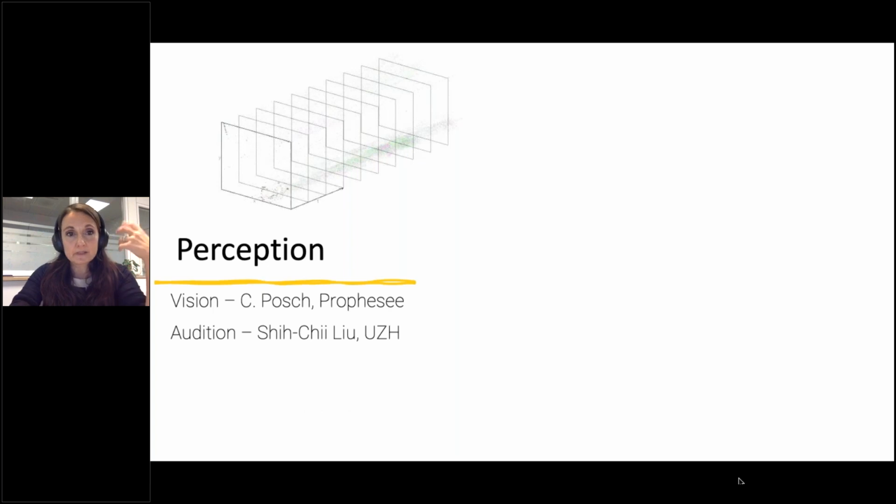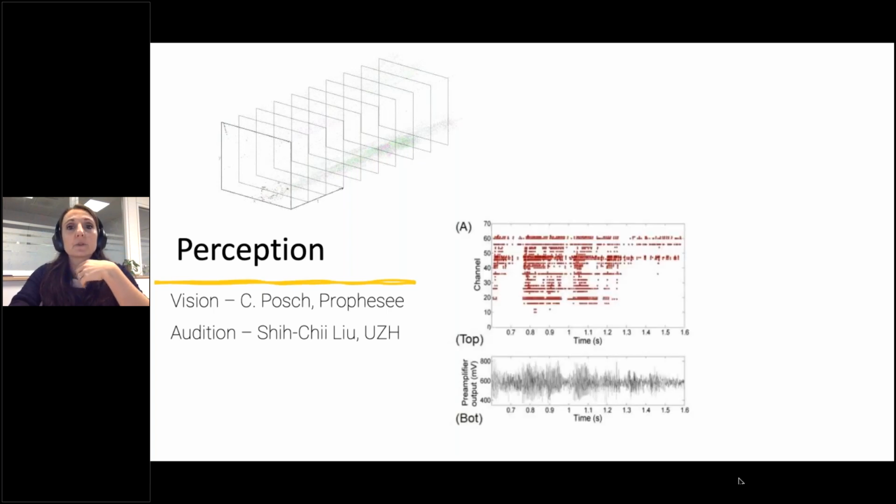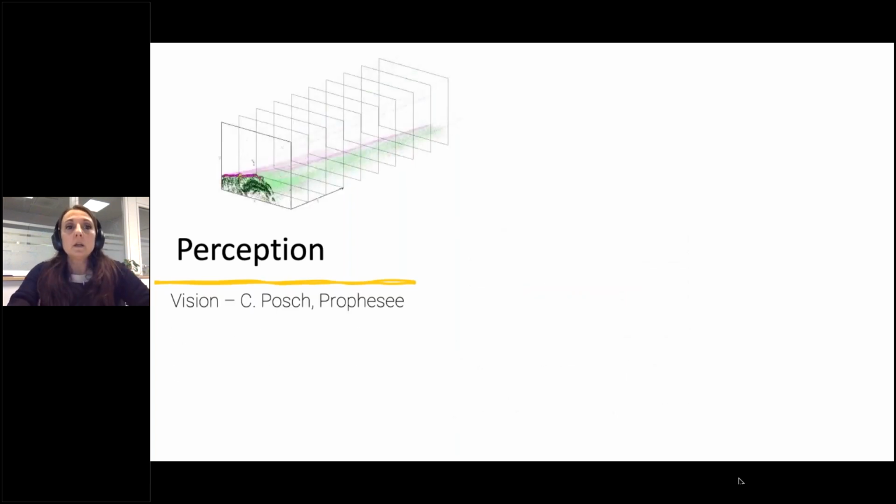So this is a very efficient way to encode the information, and this is useful in many applications. However, the main roadblock there is the fact that the information is encoded in a different way. So this is an advantage, but it's also a disadvantage when you want to interface with industrial systems, with robots that are used to a very different way of encoding information, that is a frame.